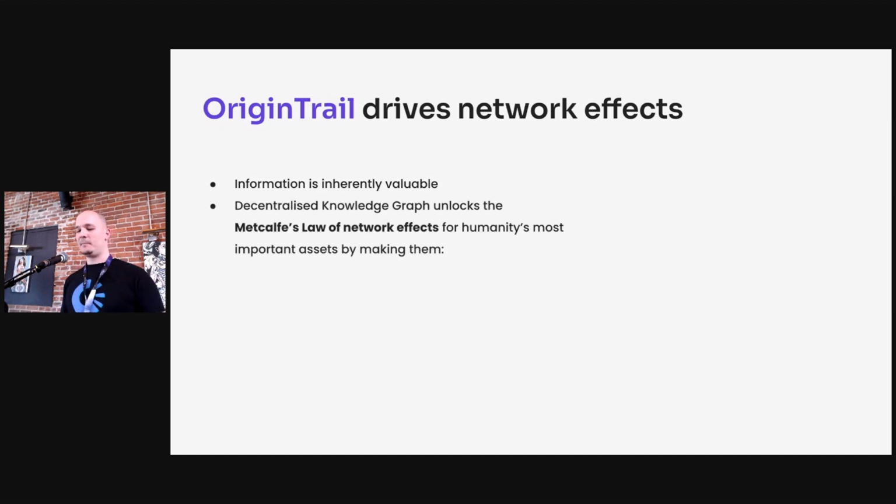Then the decentralized knowledge graph, in a decentralized public context, can connect a lot of inherently valuable information, right? We actually get network effects driven. That's really useful when we look at assets, because it applies to them in three different ways. It makes them discoverable, like in Google, verifiable, like in a verifiable ledger, and finally valuable.